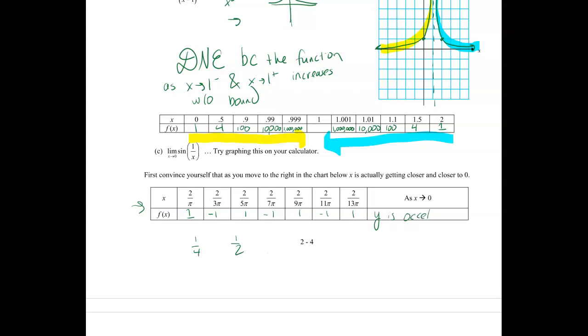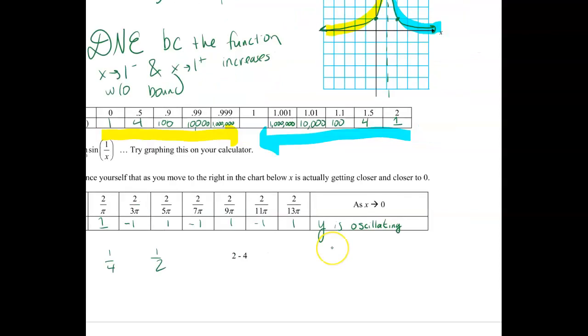I cannot spell oscillating to save my life. Go figure, a math teacher that can't really spell half the time. So y is oscillating between 1 and negative 1.